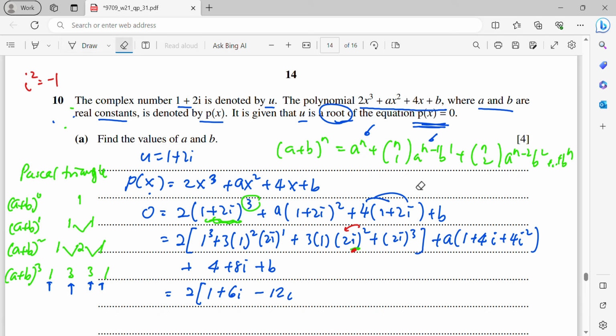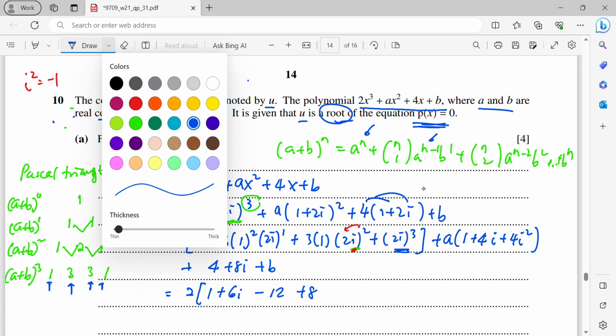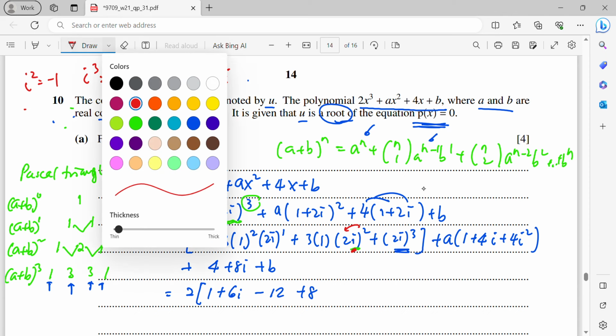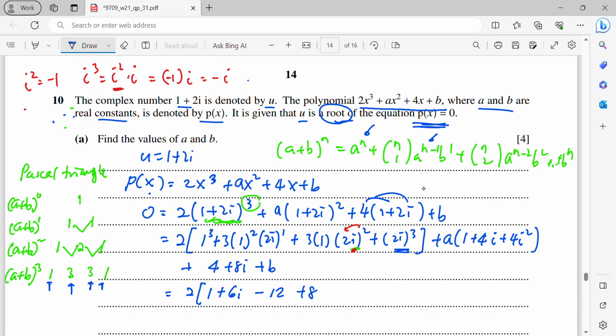Minus 12 only, since i squared is minus 1. Okay, so then the next term, 2 cubed is 8. Then I will get i cubed. i cubed is i squared times i. Since i squared is minus 1, i cubed is minus 1 times i, therefore you get minus i. That means I will be getting minus 8i.